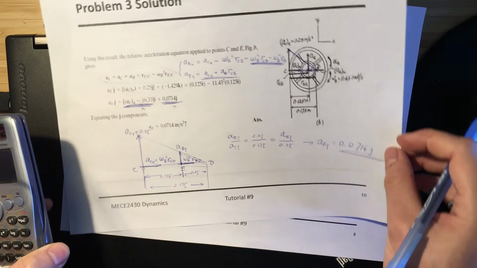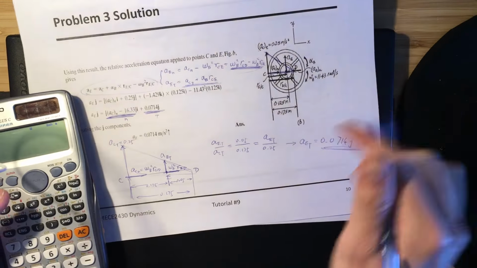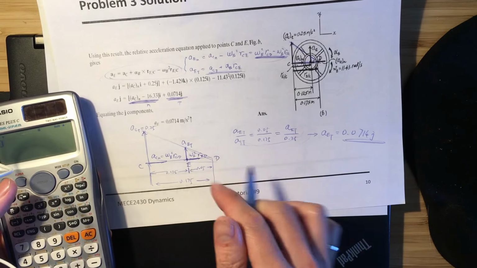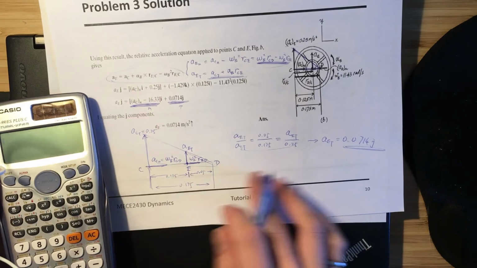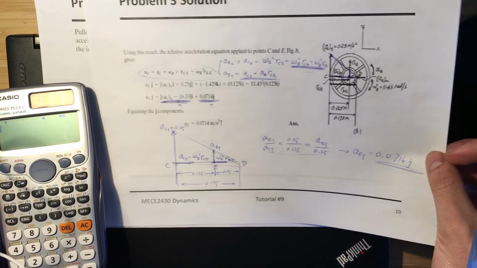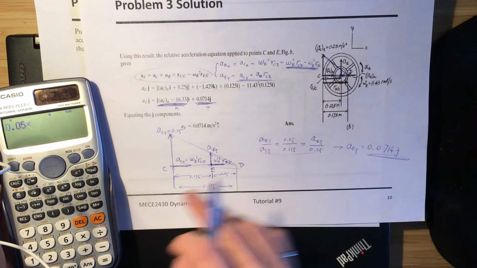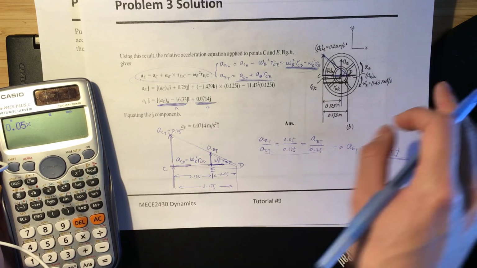So we cannot use this relationship because it's non-linear. But if we know ED, let me check whether it can be used. So it's 0.05 times omega b.